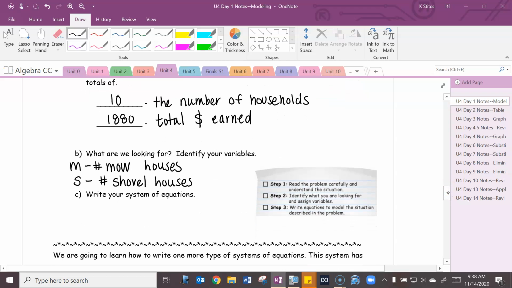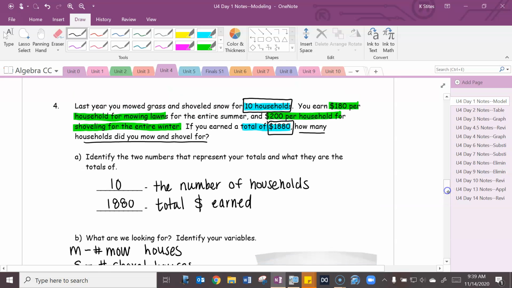Now we're going to write our equation. We're going to have one equal to 10 and one equal to 1,880, because these are our totals. So 10 is the number of total households. That will just be M plus S. The number of mowing houses plus the number of shoveling houses is 10 houses altogether. And then the 1,880 will involve how much money you made.